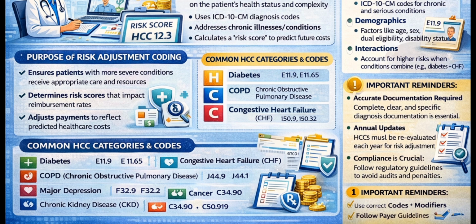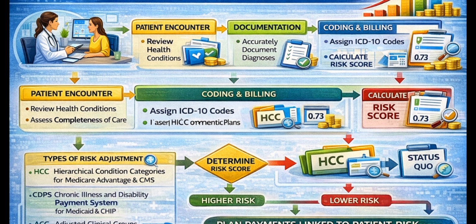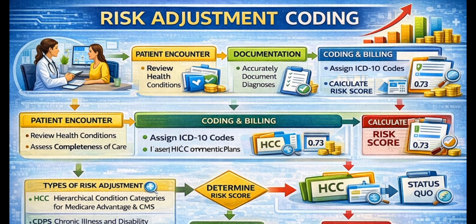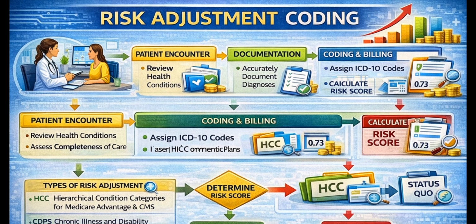What are the important reminders? Use correct codes plus modifiers, and follow payer guidelines. So next we will talk about a short review of this coding. We will adjust the code risk score for the patient encounter.